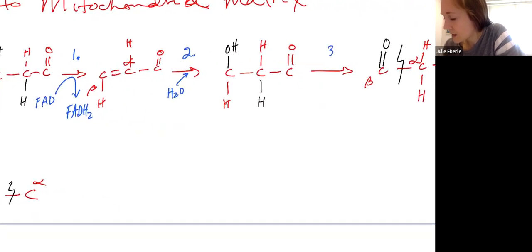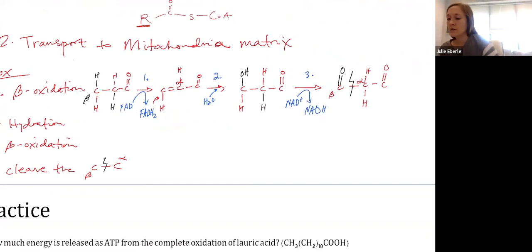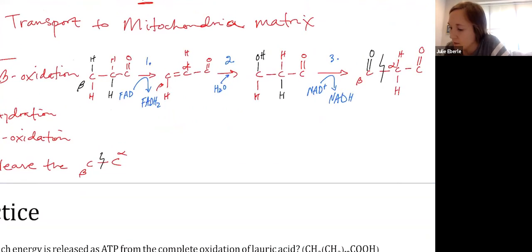Step number 3, we take NAD+ and reduce it to NADH. This is important for the energy calculation later because we know FADH2 will ultimately generate 2 ATP and NADH will ultimately generate 2.5 ATP.